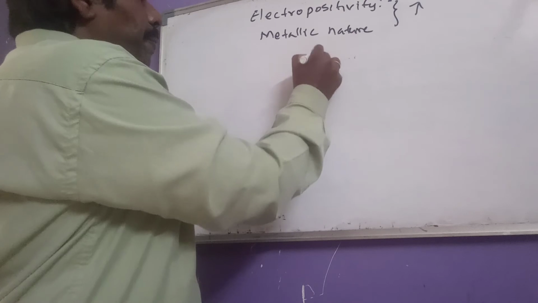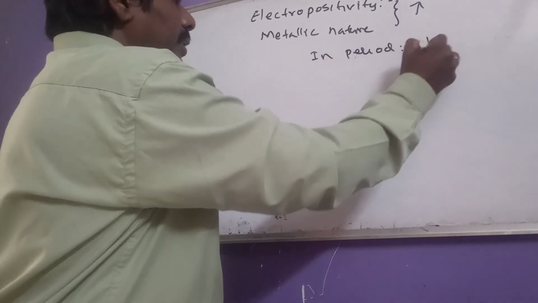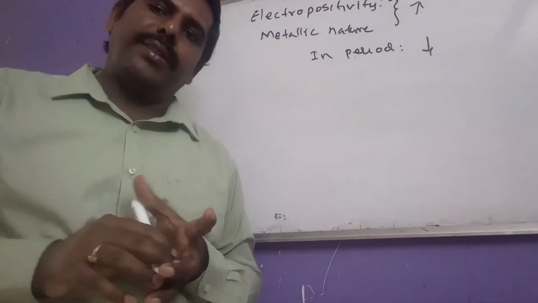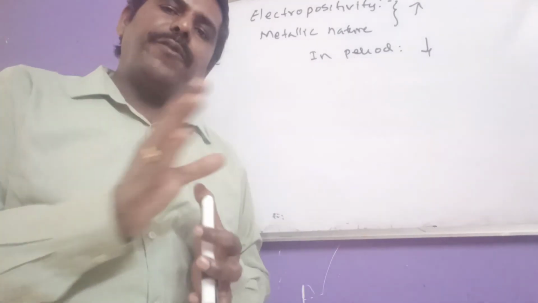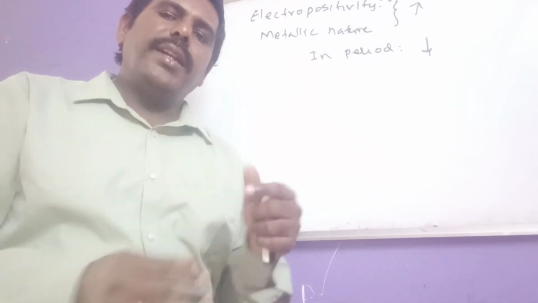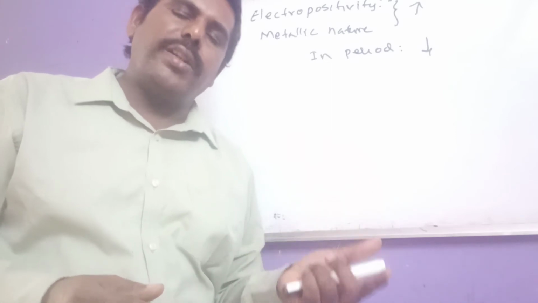But in a period from left to right, these two values decrease, because as atomic size decreases, the electron losing tendency also decreases.